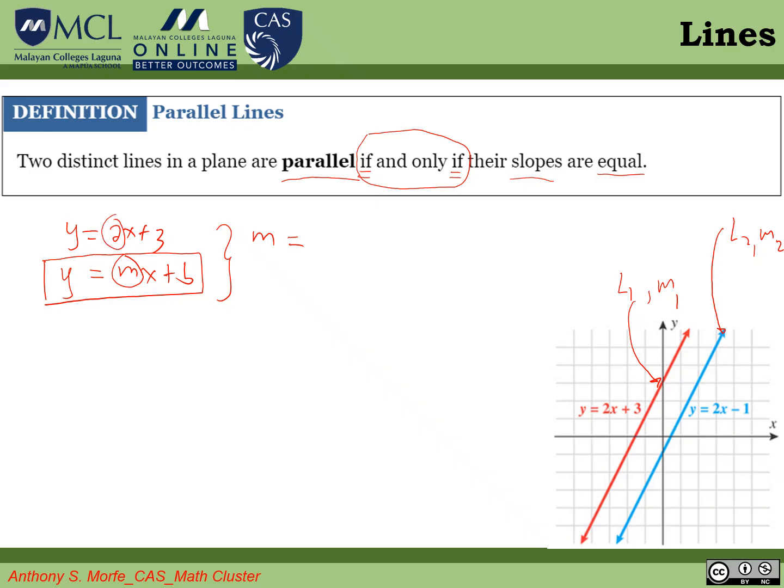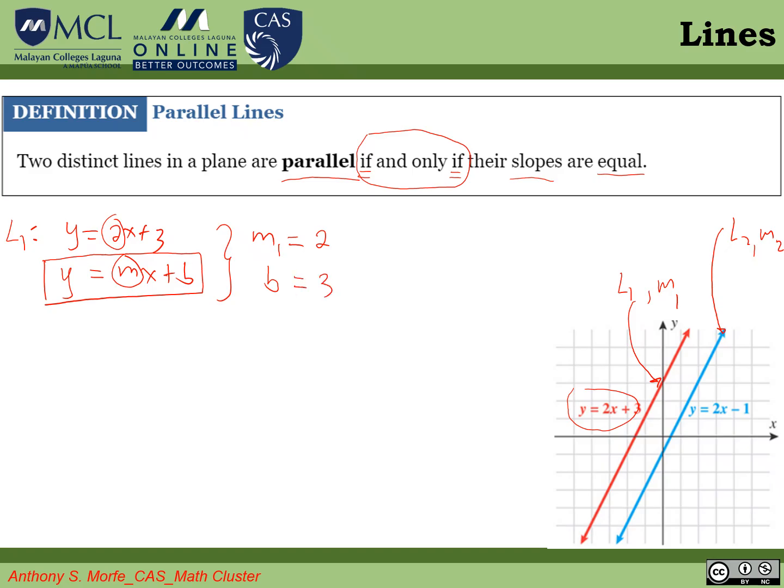Okay? So if we consider this as line 1, then we can say that this is our m1. So m1 is equal to 2. Then the y-intercept, which is the b, is equal to 3.